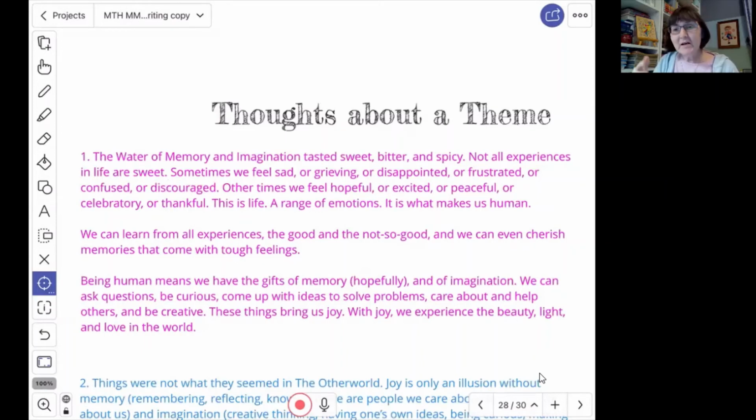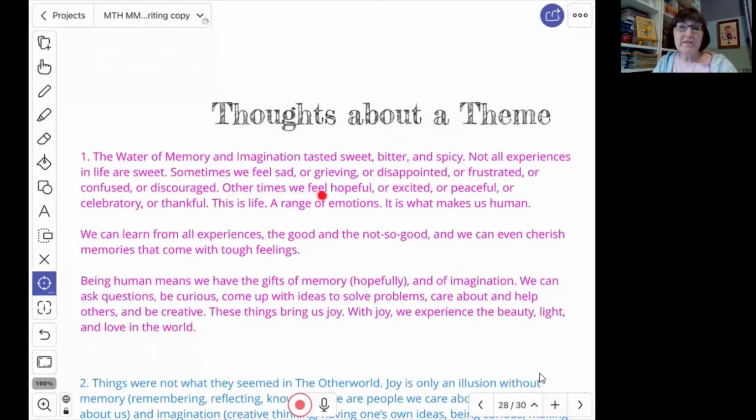A sweet feeling might be happiness, joy, peace, excitement, the good stuff. But sometimes we feel sad or grieving or disappointed or frustrated or confused or discouraged.